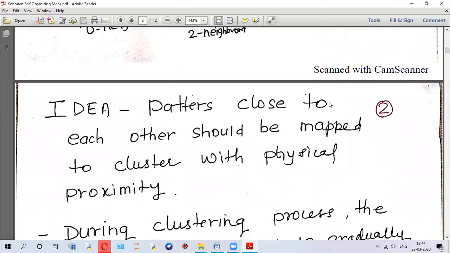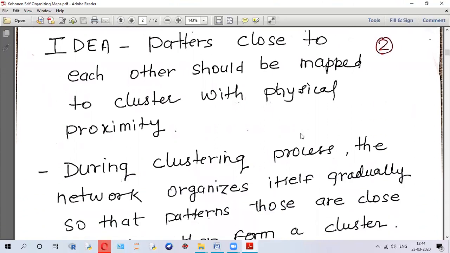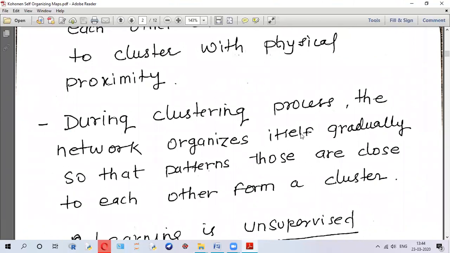Now the overall idea is that the patterns which are close to each other should be mapped to clusters with a physical proximity, and that physical proximity has to be defined mathematically. During the clustering process, the network would organize itself gradually so that the patterns that are close to each other would form a cluster.